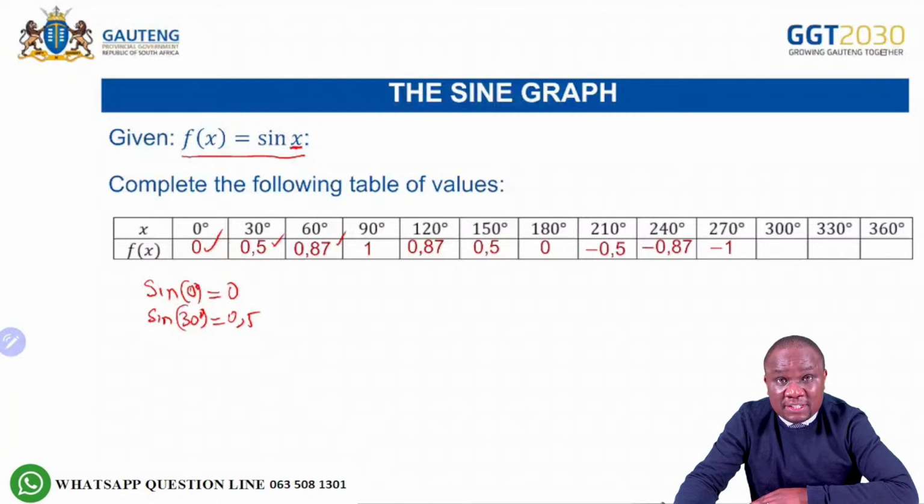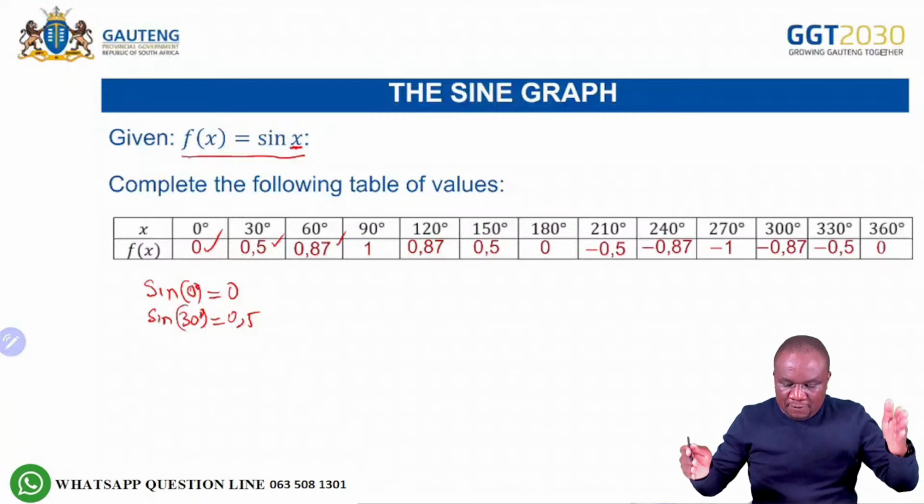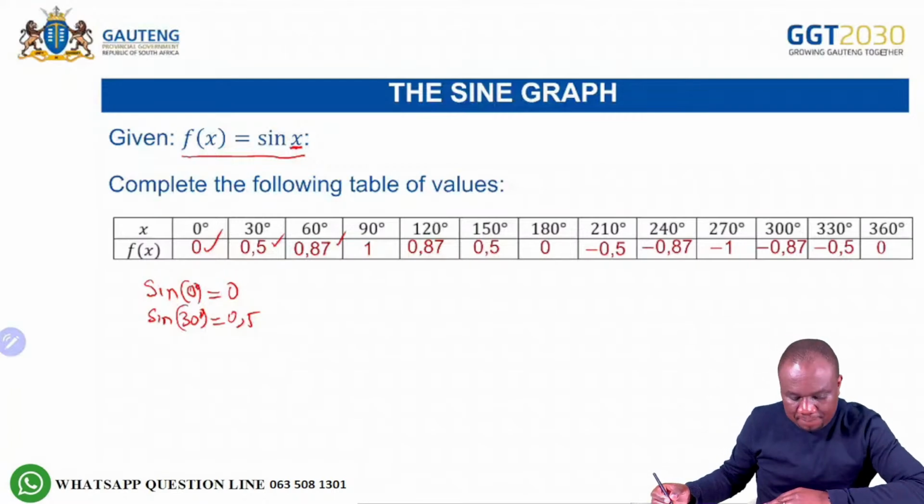Then sine 300, negative 0.87. Then sine 330, negative 0.5. And sine 360, that is 0. So we have our domain from 0 to 360 degrees there.